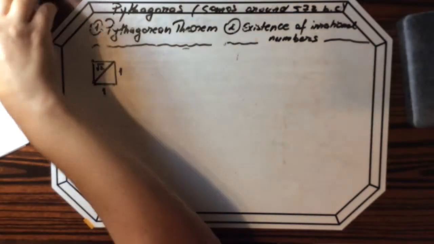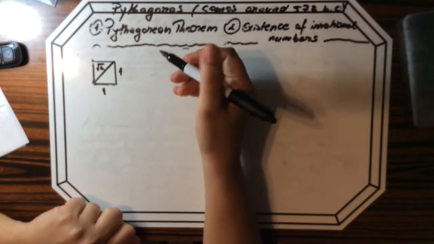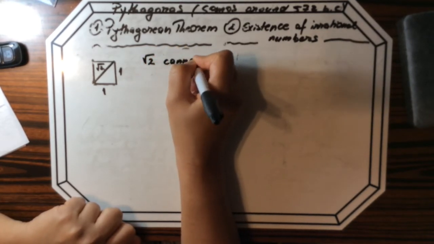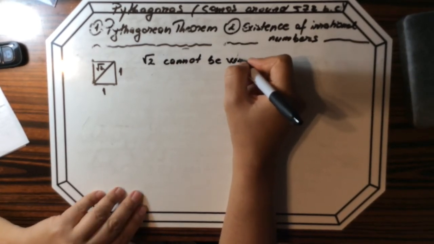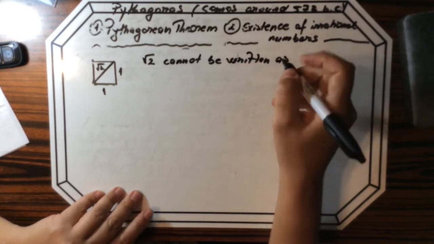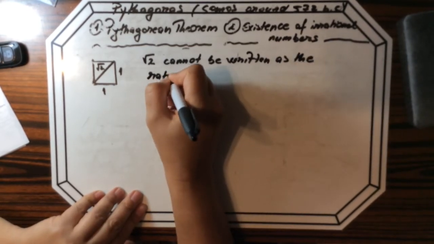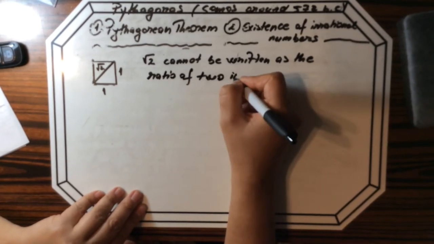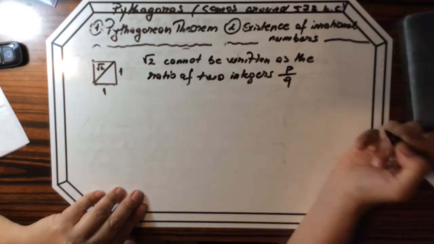But the square root of 2 cannot be written as a rational number of the form p over q. So the square root of 2 cannot be written as the ratio of two integers, p over q.